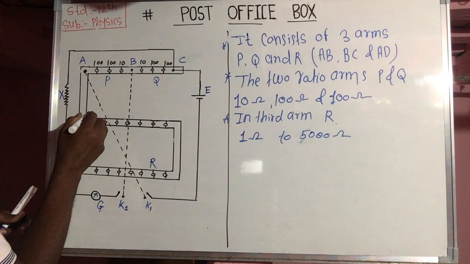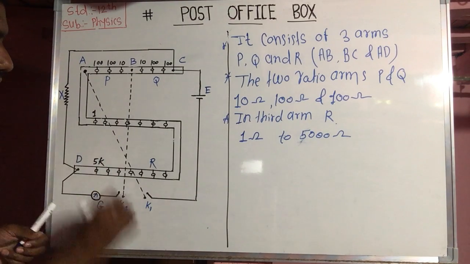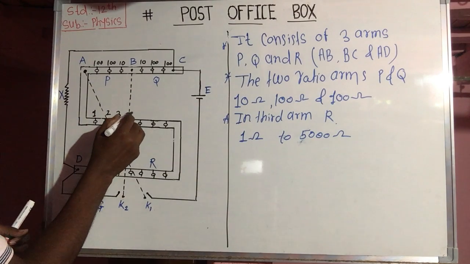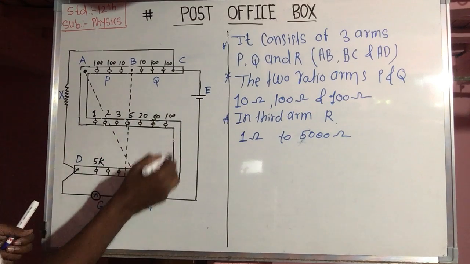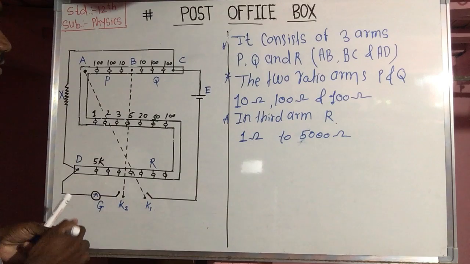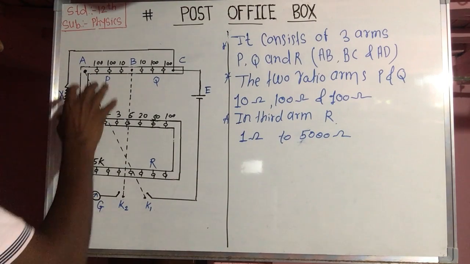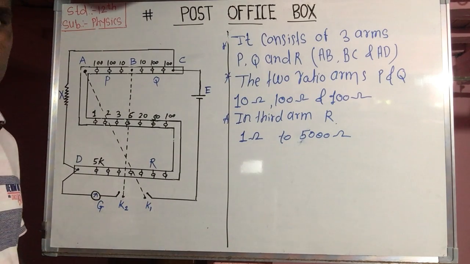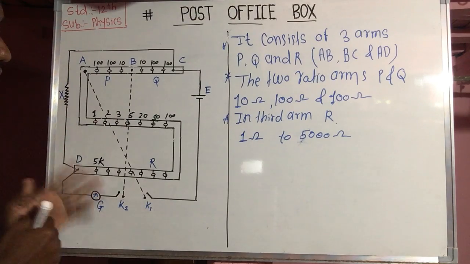Starting from this point, this resistance 1 ohm to 5000 ohm, respectively 1 ohm, 2 ohm, 3 ohm, 5 ohm, 20 ohm, 50 ohm, 100 ohm, 200 ohm and so on. So the arm AD contains a number of resistance keys, because of which we can easily choose a number of resistances differing from 1 ohm.